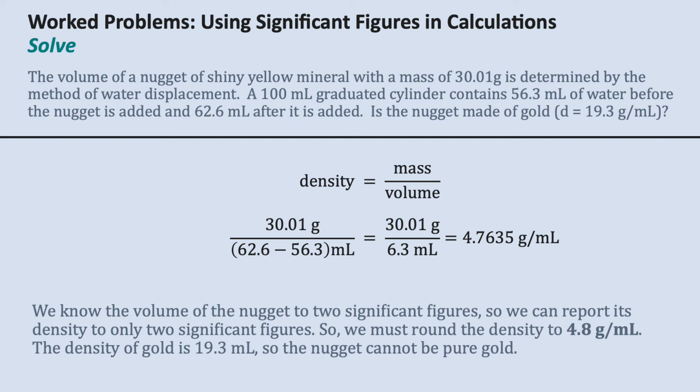Next, we have to apply significant figures. So the significant figures that we have are from the mass and from the volume. The mass value has 4 significant figures, and this is just how the number is given to us, 30.01. The volume has to be determined from how the calculation is done.